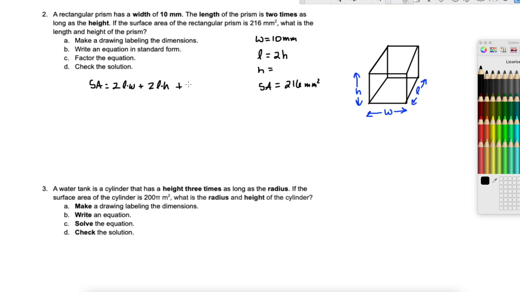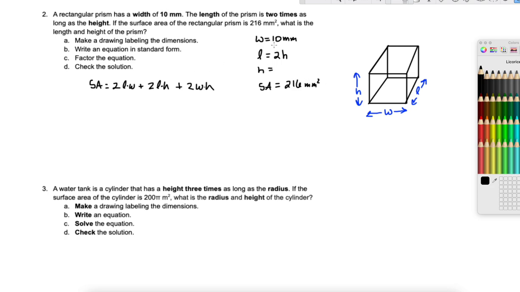And there are 2 width times height. So the width and the height would be the front rectangle and the back rectangle. Those are both going to be congruent and have the same dimension. So I have 2, 2, and 2. That's 6 sides. There are 6 sides to a prism.